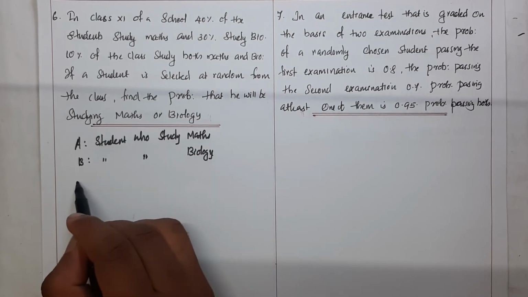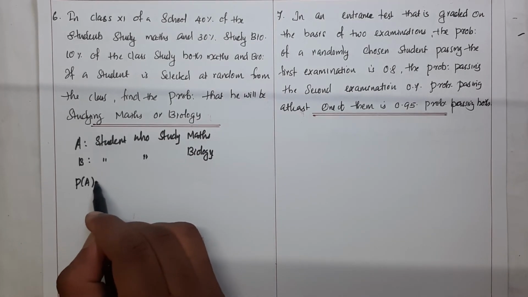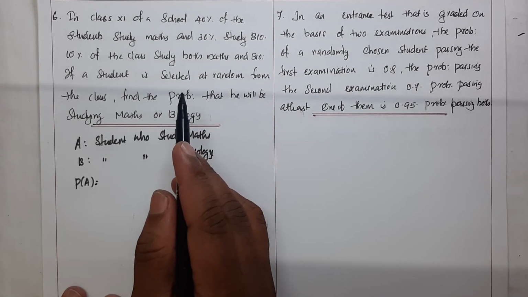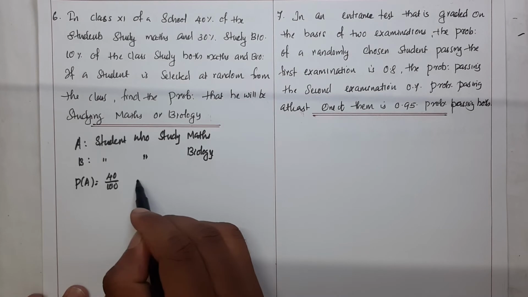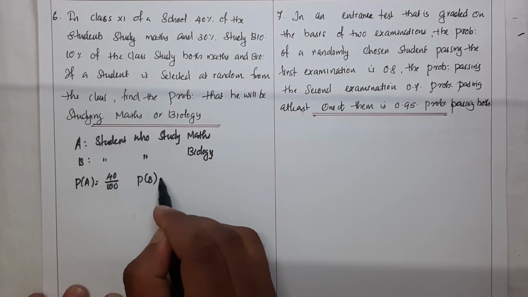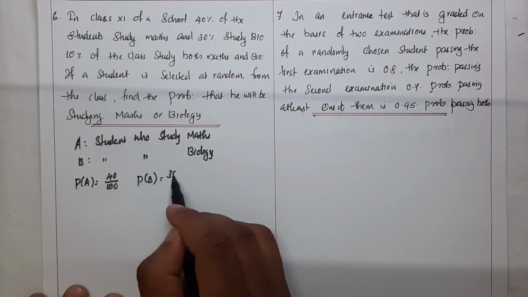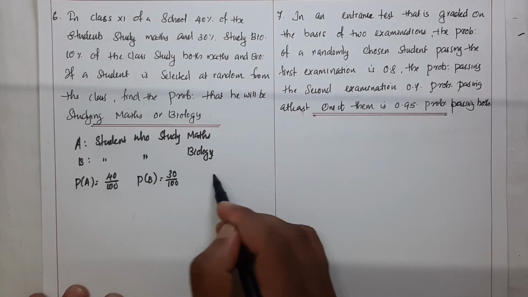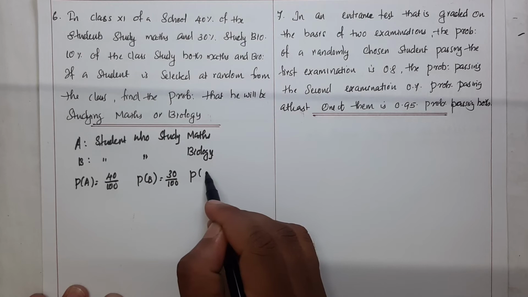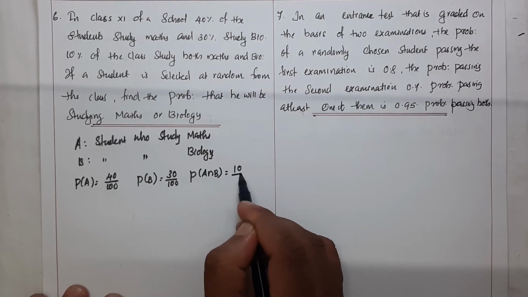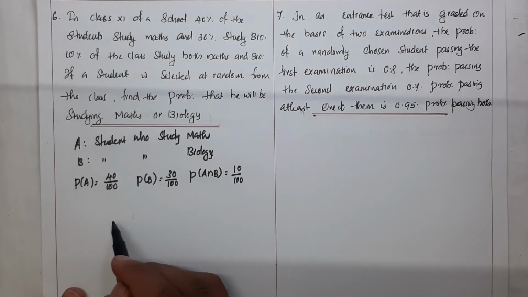Now, given P of A: 40% study mathematics, that is 40 divided by 100. P of B: 30% study biology, that is 30 by 100. 10% study both maths and biology, so P of A intersection B is 10 divided by 100.